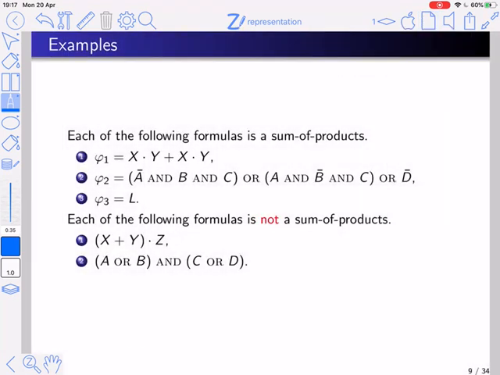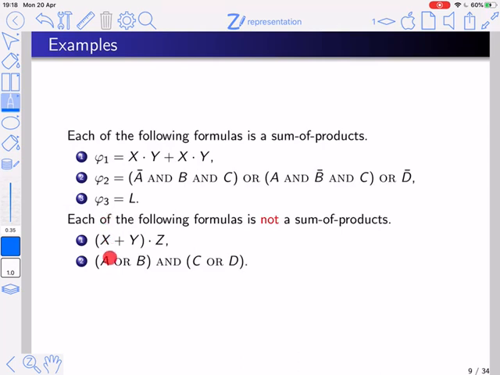Let's see some examples of formulas that are in DNF or sum of products. Phi 1: x1 and y, or x and y. So we have two products and an OR between them. Phi 2: we have this product, this product, and this product, and we have ORs between them. Phi 3 is just a variable, so clearly it is in sum of products form.